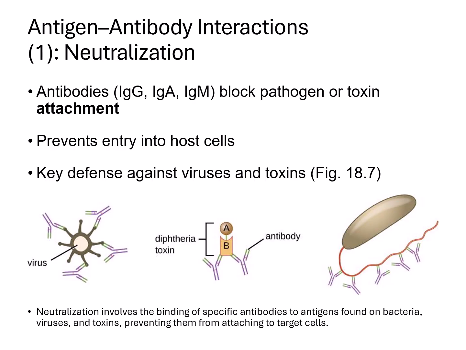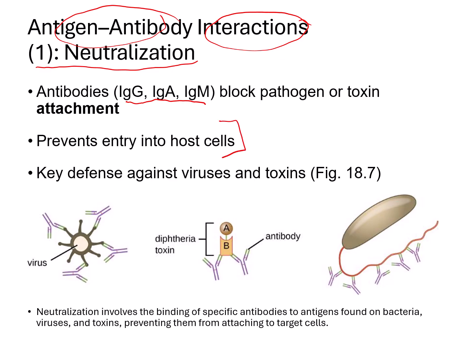All right, so now let's look at what happens when antigens and antibodies interact. What is the result? One potential reaction is neutralization, and neutralization occurs when antibodies, especially IgG, IgA, or IgM, bind to antigenic sites on pathogens or toxins and physically block them from binding to host cells, essentially our cells.